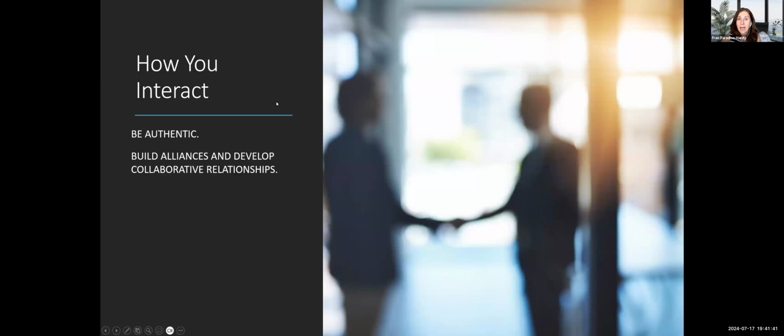The next is how you interact. Okay, and as you can see here in this picture here, it's really about how you interact with others. I often say when people ask me about my leadership style, I like to be as authentic as possible, because once again, if individuals truly sense your authenticity as a leader, then they're more likely to trust you.